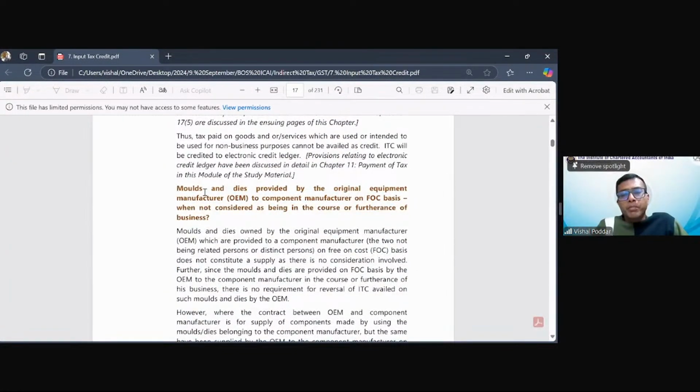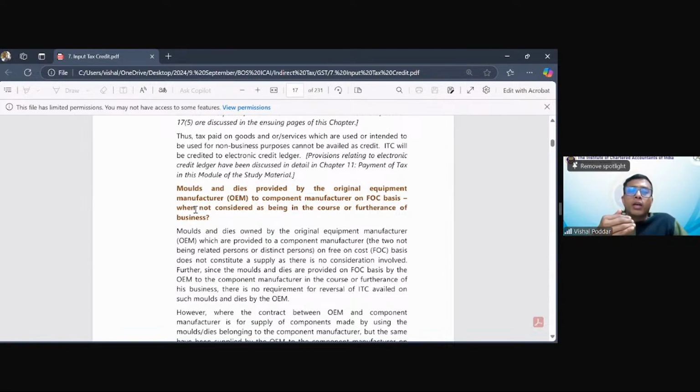Now we start with some practical issues. Molds and dies provided by the original equipment manufacturer to the component manufacturer on FOC basis: whether they are considered as being in the course or furtherance of business. What is this? If you remember, we discussed this point in a previous chapter also. I am the original equipment manufacturer, the OEM. The example which I had given was a Honda car. So I am the Honda company.